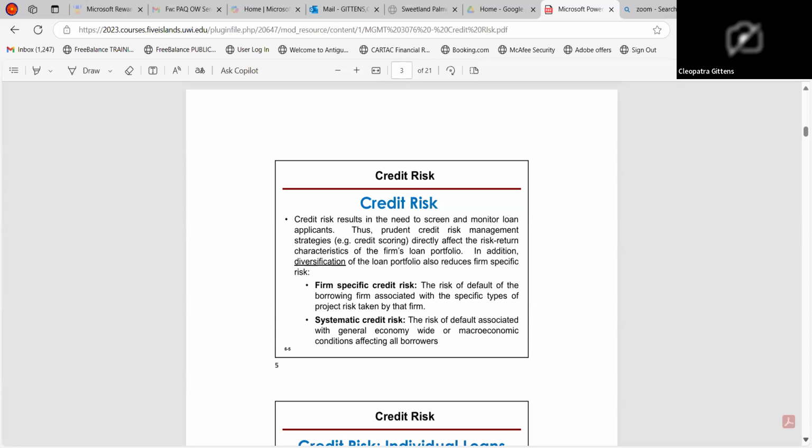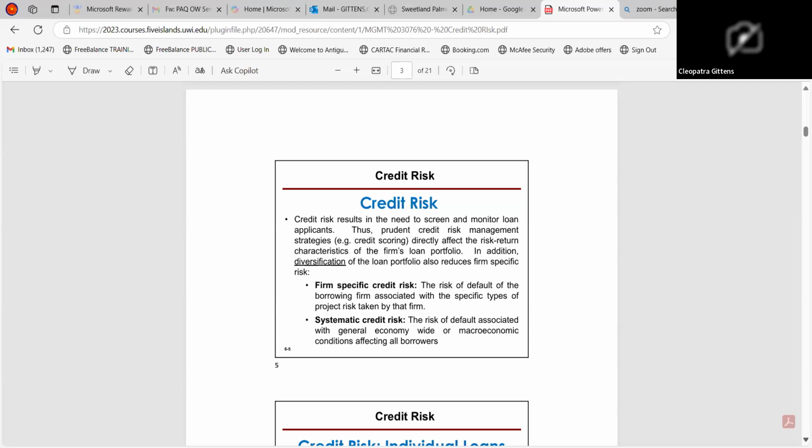Why? Because you have different categories of credit risk. You have the credit risk that comes from a specific firm or a specific individual. That's firm-specific credit risk, and the risk of default there is associated specifically with the type of company that the bank is lending to.